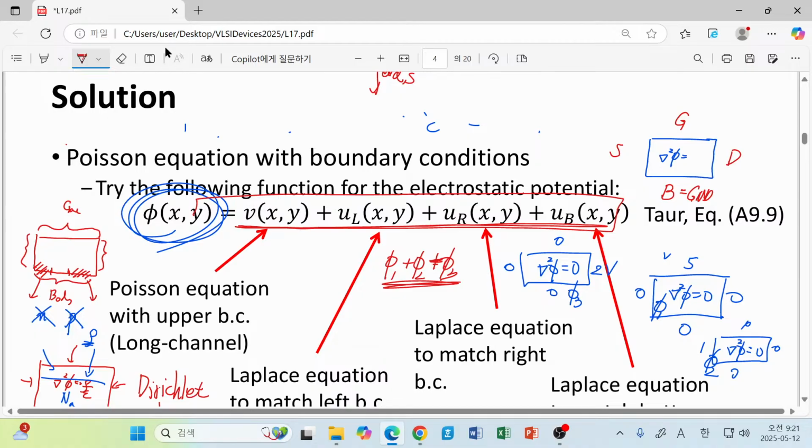What we want to do at first is, why don't you just do it this way? First consider gate 1 and solve source 1, drain 1. Looks quite reasonable, but there is one thing: this is not a Laplace equation.